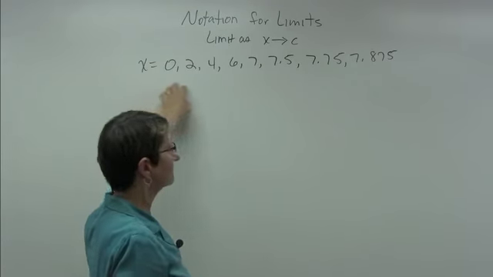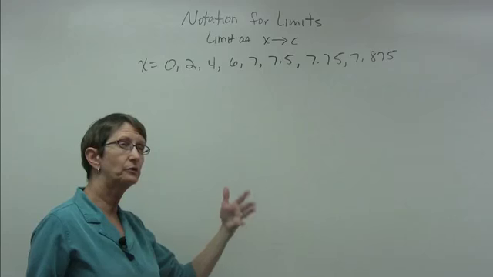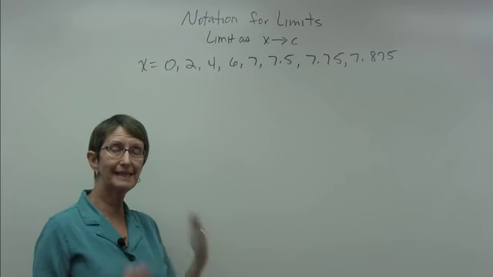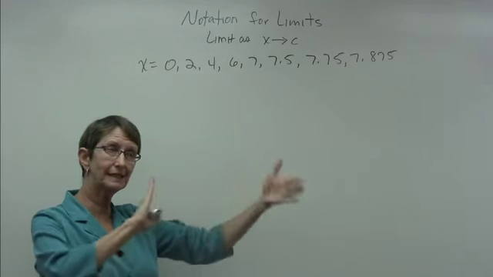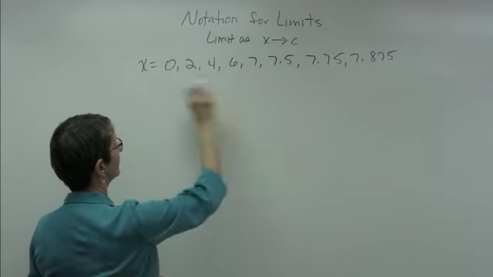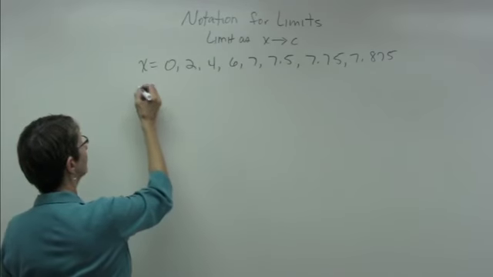So I have a list of values for x. Now, thinking a little bit about those h values that we used when we were talking about limits, h approaching 0, h being the distance between x's. Well, let's see what h's might be here as we move in this direction for our x's.